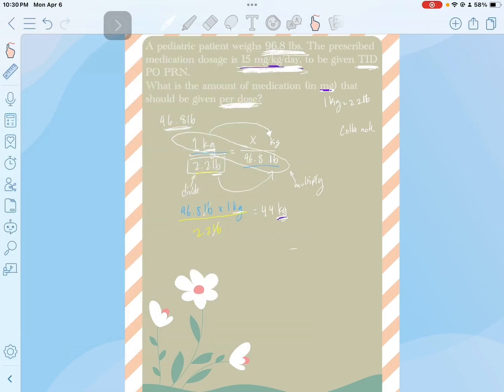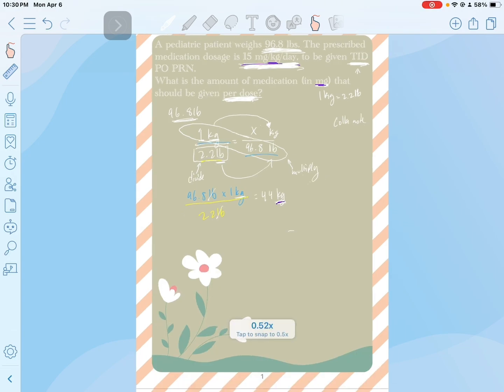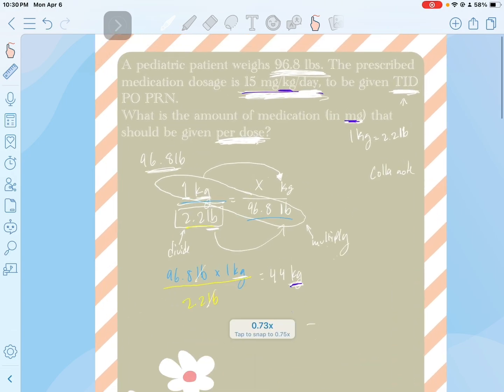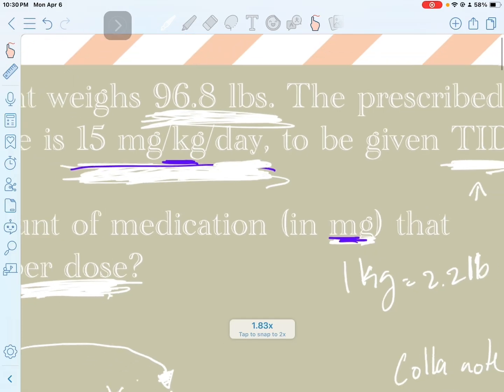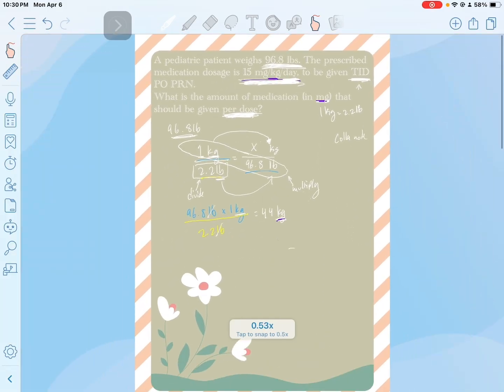But is a dose for a whole day? When they say per dose, think, is it for a whole day? No, because you're giving a dose 3 times in a single day. So because TID means 3 times, that means that per dose is not going to be per day. It should be something less than that.